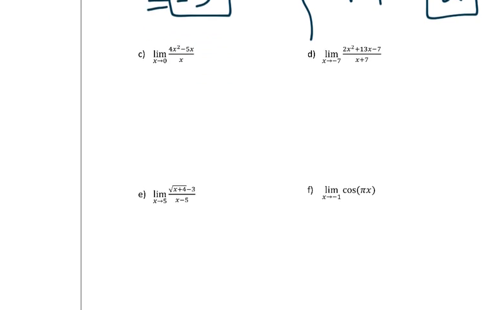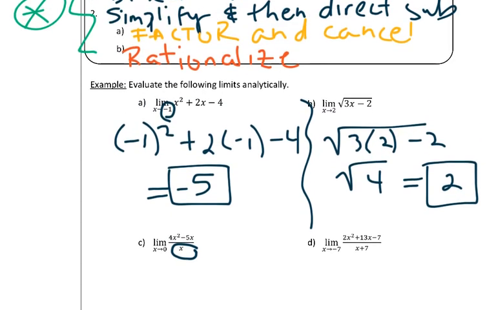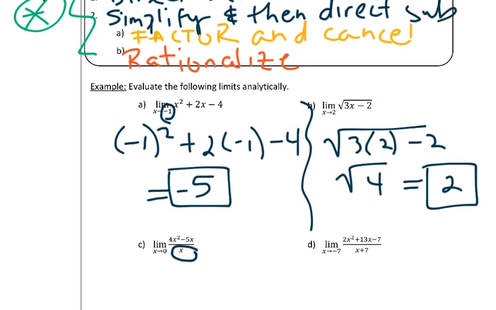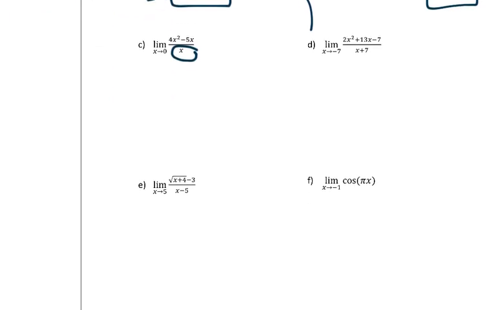So part C. All right, so we can see that direct substitution is not going to work here, because if I put 0 into the bottom there, we're going to have 0 in the denominator, which cannot happen. All right, so direct substitution didn't work. So now we're going to try simplifying. And the first hint is try to factor. So let's see. This is the same thing as the limit as x approaches 0.